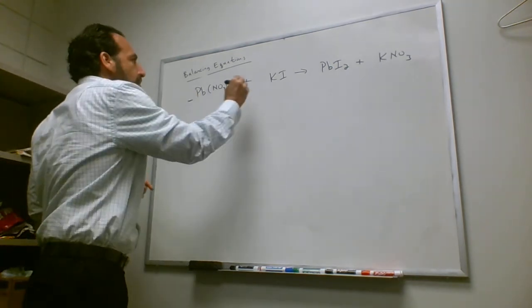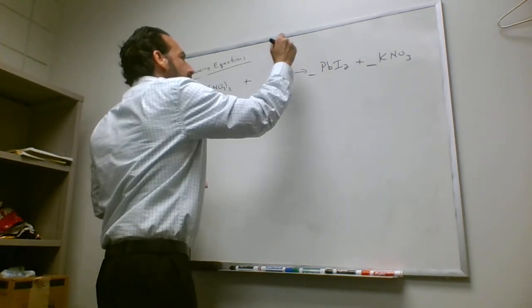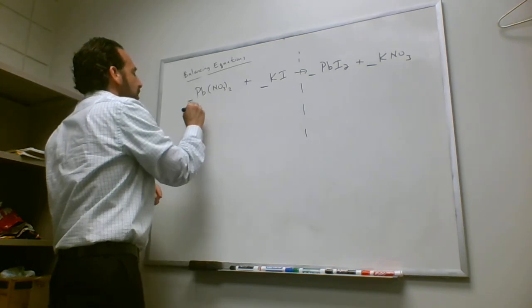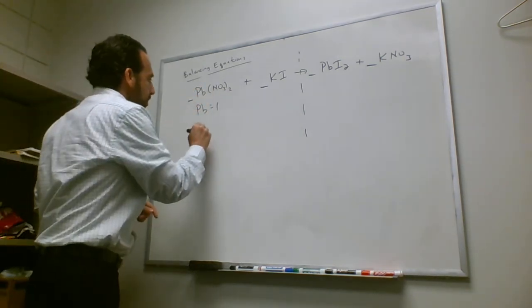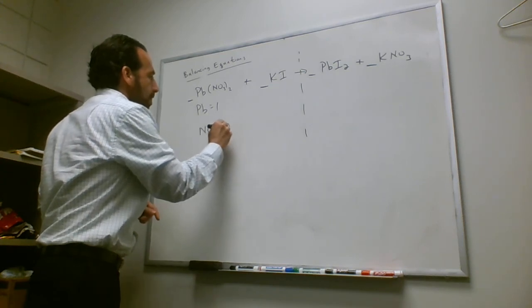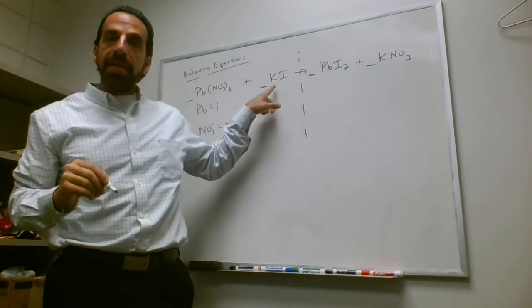So again, we're going to put coefficients in front of this. I got 1 lead, I got 2 nitrates, 1 potassium, and 1 iodide.